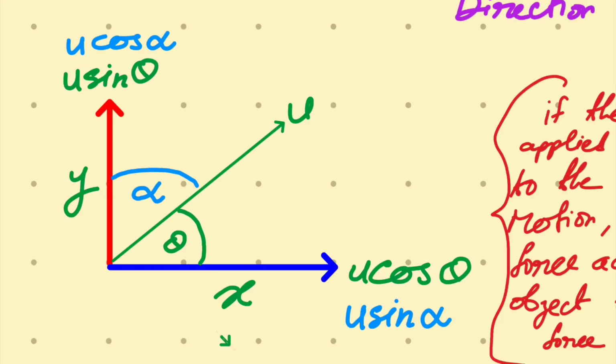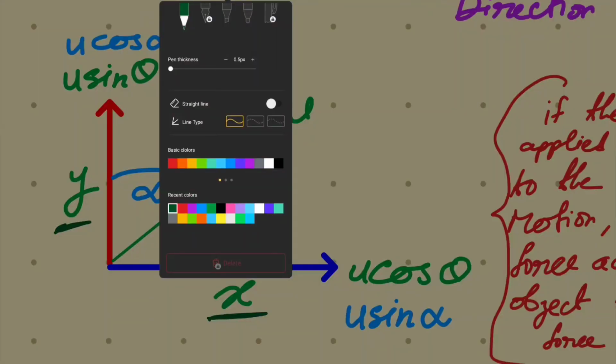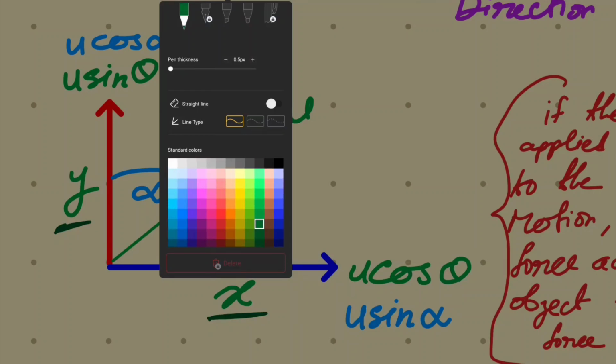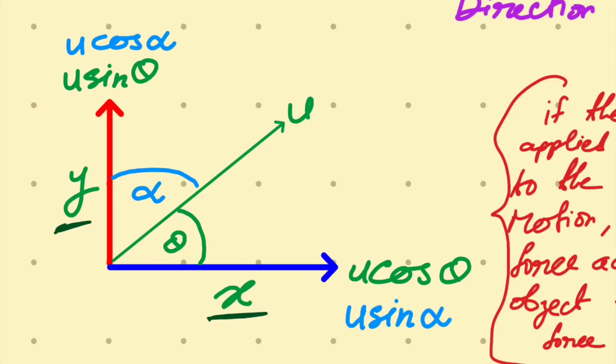For the time being, we are only concentrating on the green part. If we work with the green, we can see there we have X and there we have Y.